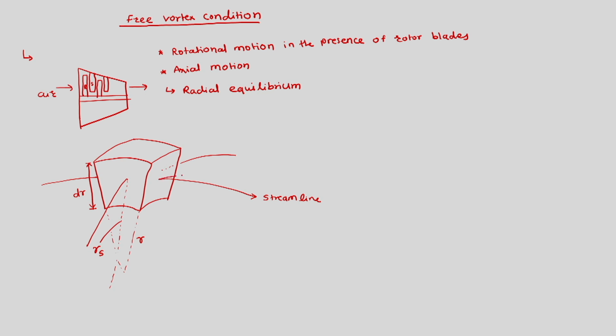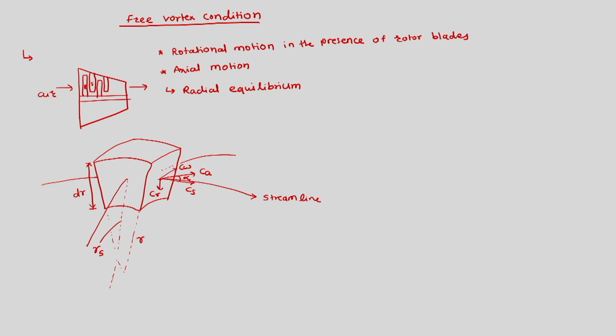Now fluid is flowing with axial velocity, and it has radial velocity CR, and this is the velocity tangent to the streamline, CS, which makes angle alpha with the axial velocity.